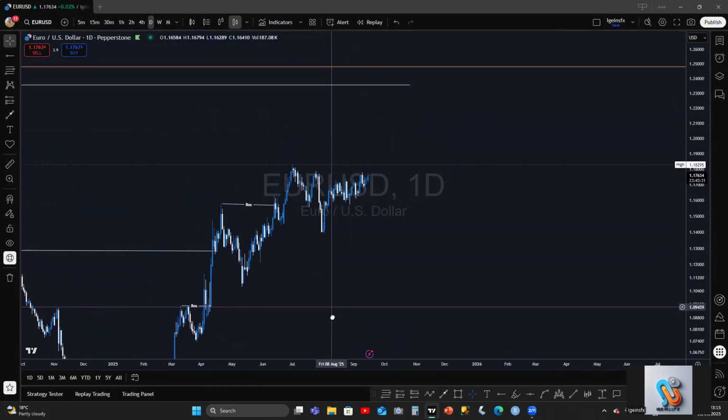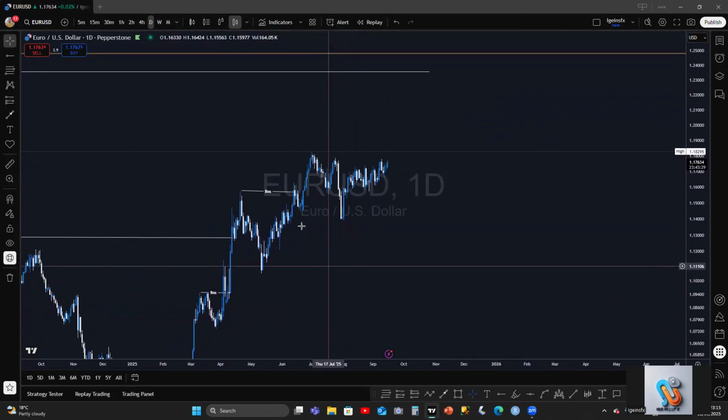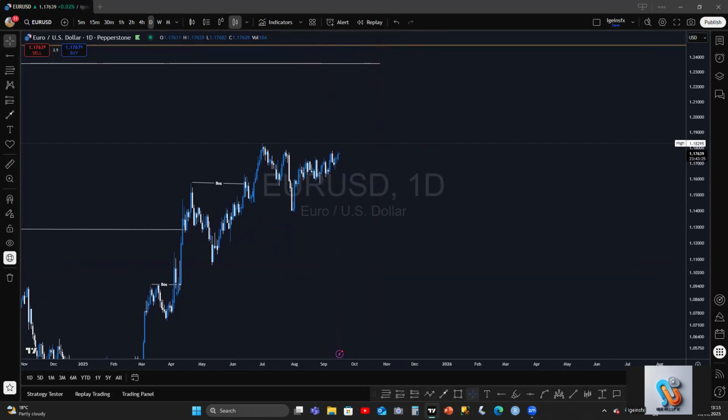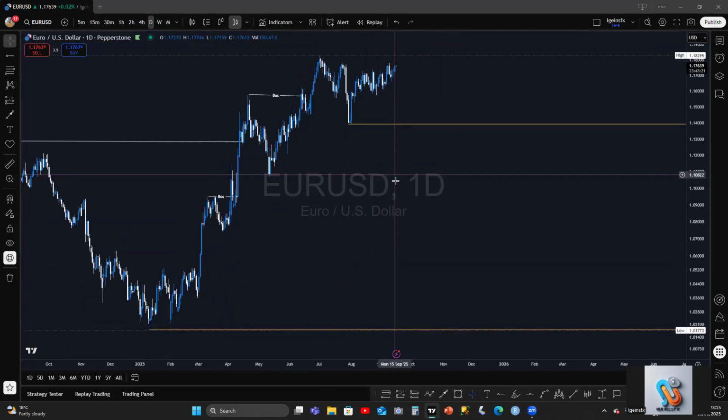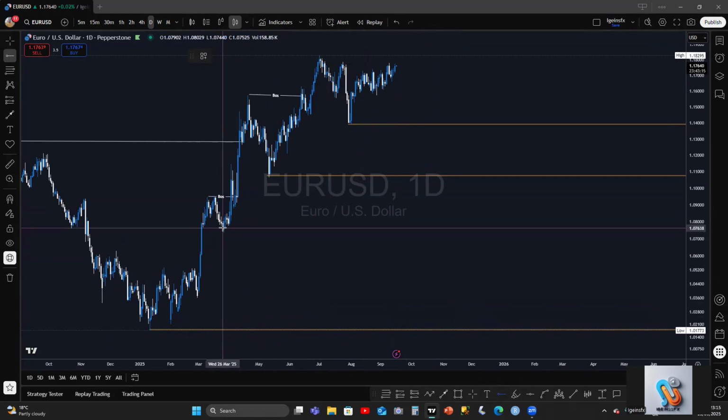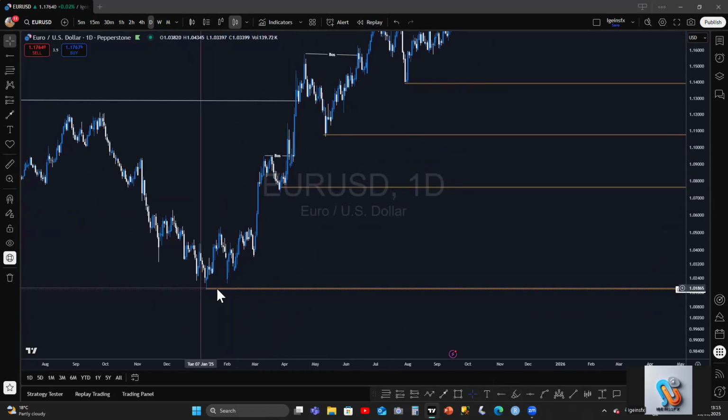So now this is a pullback. Price created a support here. This is a support level. This also is a support level, and we also have a support level here.